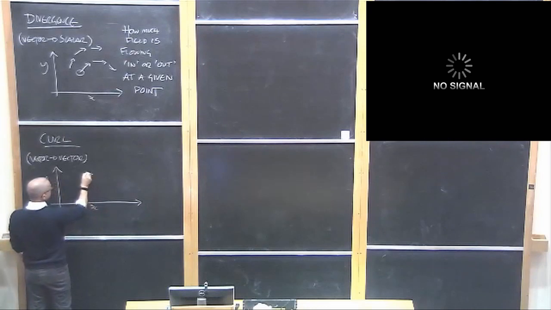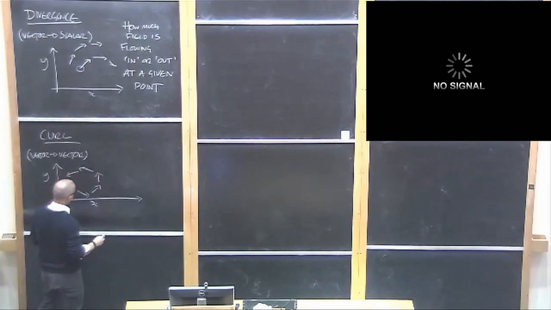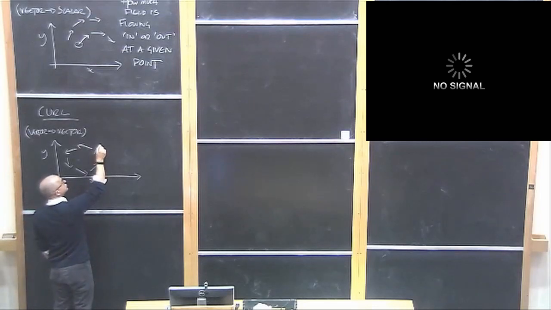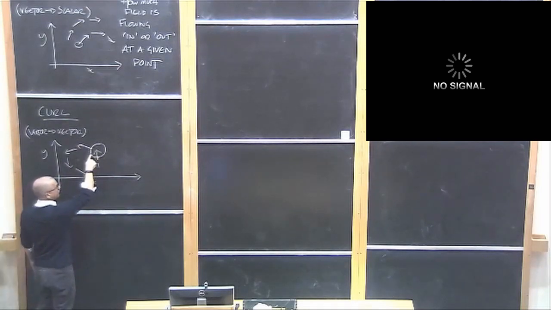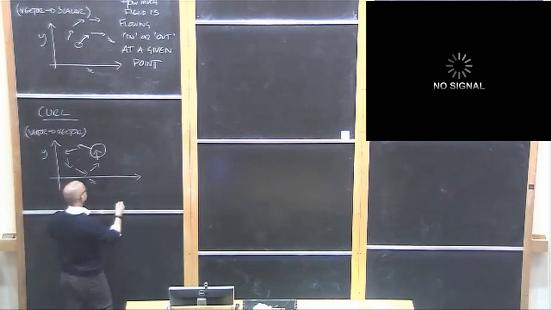I may imagine now that I have a vector field that looks like this. And the curl is the case where you take a region in your vector field, and in the limit that this boundary shrinks down to infinitesimally small, you work out the line integral of the vector field around that boundary, and that tells you the direction and by how much your field is rotating at a given point.